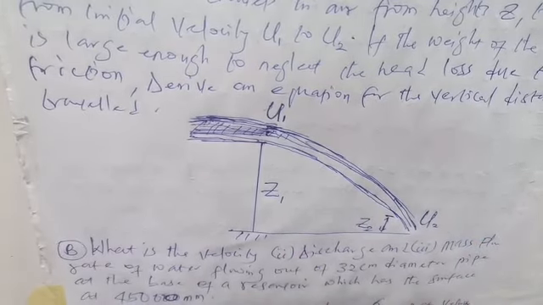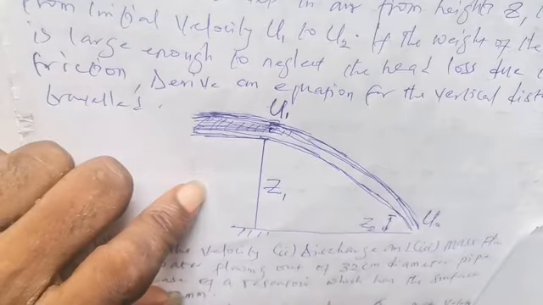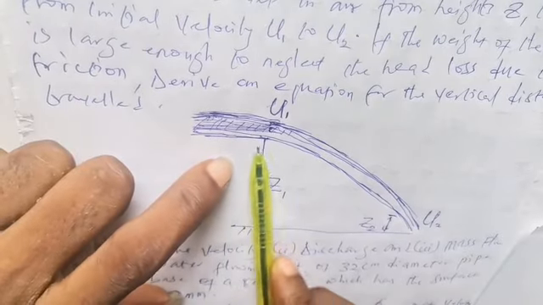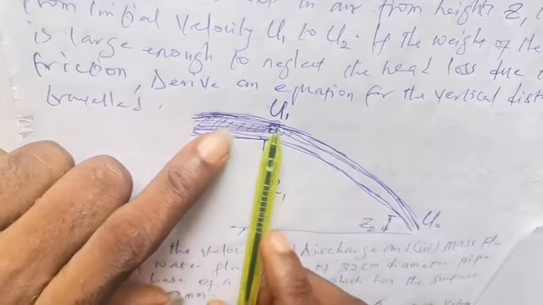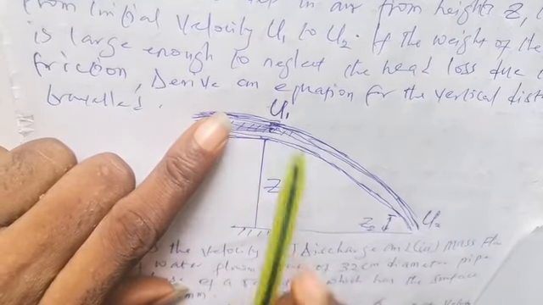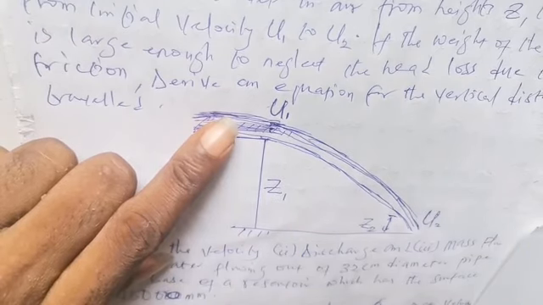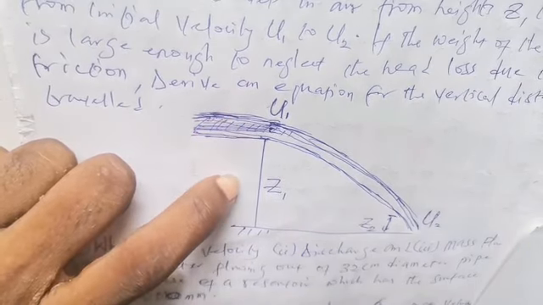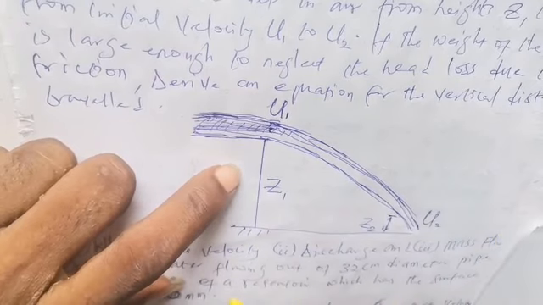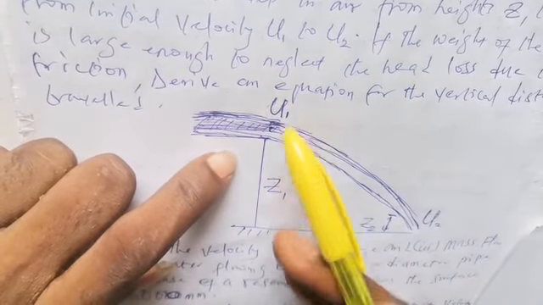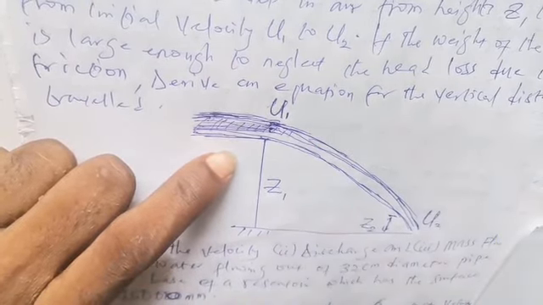To do that, it's important for you to know that this fluid is at a certain height z1 and at a certain speed u1. Before takeoff, the fluid is at rest, and the energy of a fluid at rest is called the potential energy. When it takes off with its speed, it gains kinetic energy.